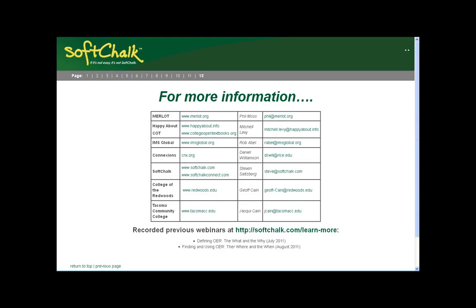I zipped it, and then I worked with somebody at College of the Redwoods, and they just imported it, and then Sakai unpacked it for me. So that was pretty seamless from my end because SoftChalk zips and then unpacks everything for you. And then it does export as a common cartridge. That came up as a question earlier. Once it's actually in Angel or Sakai, you can export it as a common cartridge from there to share it.